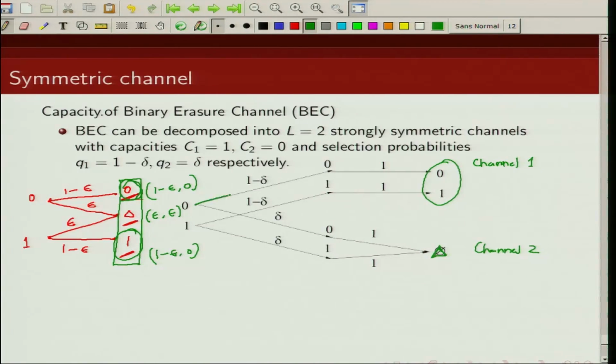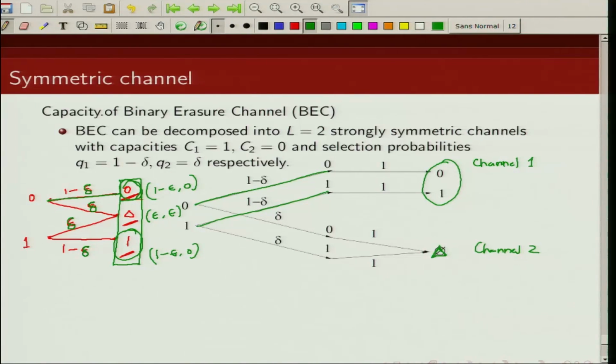Now what is this selection probability? From the inputs 0 and 1 I reach this set consisting of output symbols 0 and 1 with probability 1 minus epsilon. Okay, let's make it delta because I'm following 1 minus delta in the text. So let's just change this notation to 1 minus delta.